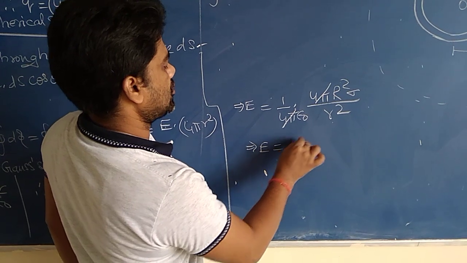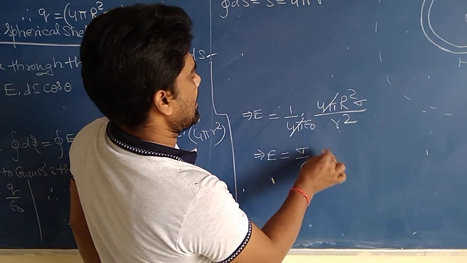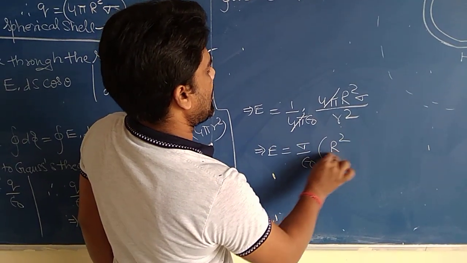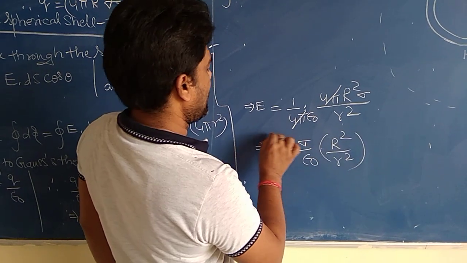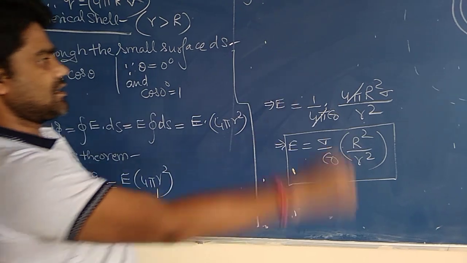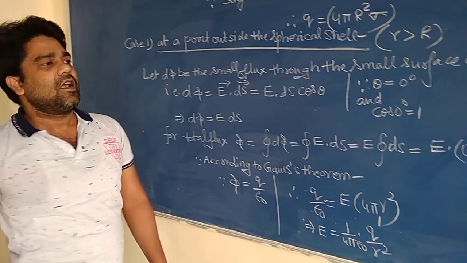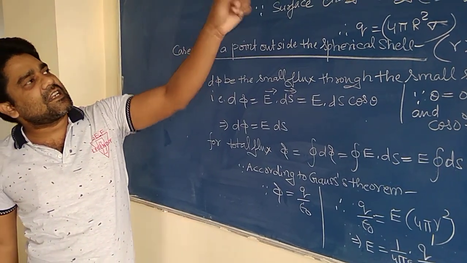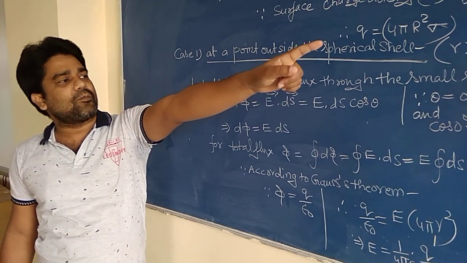E equals sigma upon epsilon naught into capital R square upon small r square. It is your final result, the electric field due to a thin spherical cell at point P.